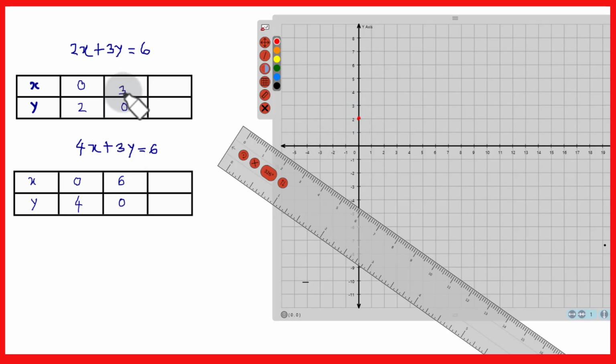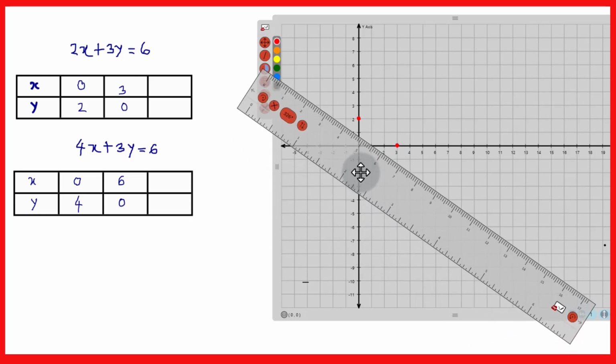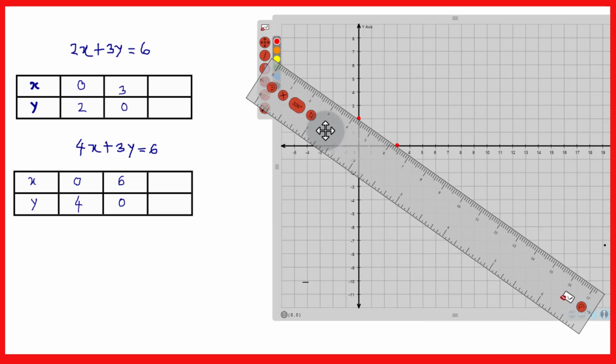Now when the x coordinate is 3, then definitely the y coordinate is 0, and therefore for this 3 the point will be here. You need not draw it like this, but I am drawing the bigger point because it should be visible to you. Now draw a line passing through these 2 points, correct?